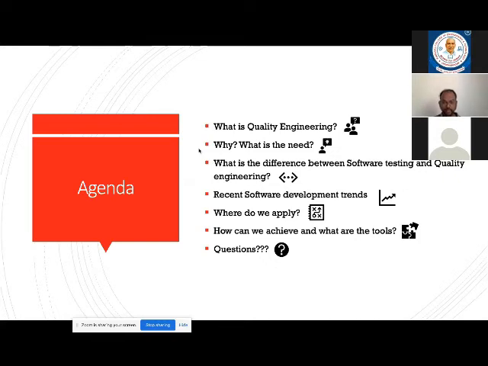What are the recent software development trends and where we could apply these concepts of quality engineering, and how we can ensure that the quality of the product meets the business needs, and how we can provide business opportunities with much more rigor due to the fast-paced technology changes in today's world. And how can we achieve this, and what are the tools that we currently use.